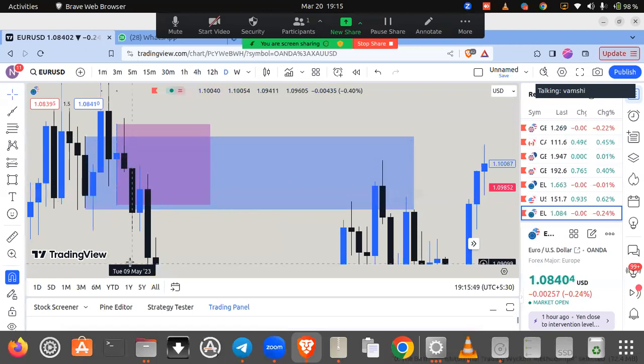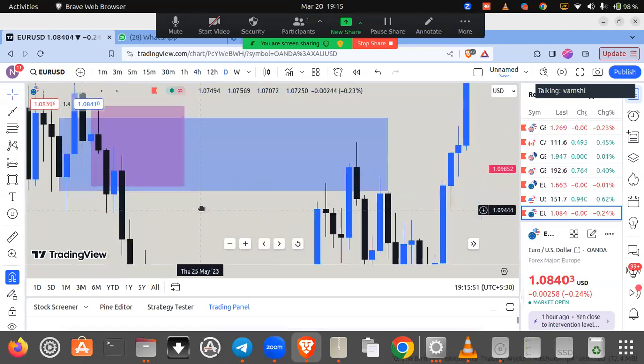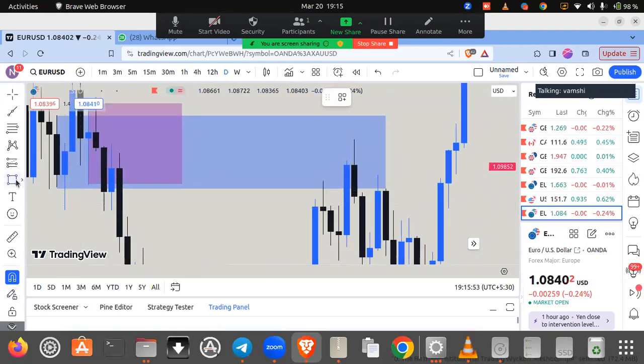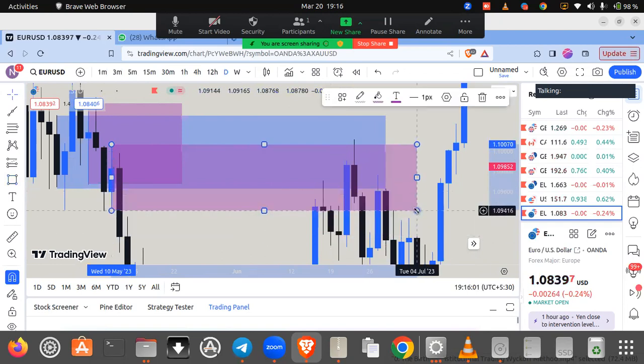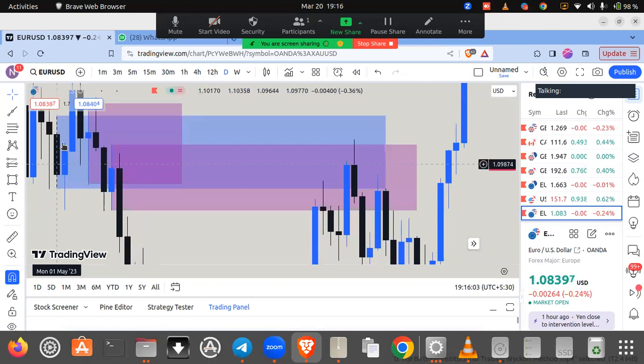Engulfing buy fail and first confirmation, and we have another engulfing sell over here. Engulfing buy fail, first confirmation, second confirmation. A, B, and this is C.